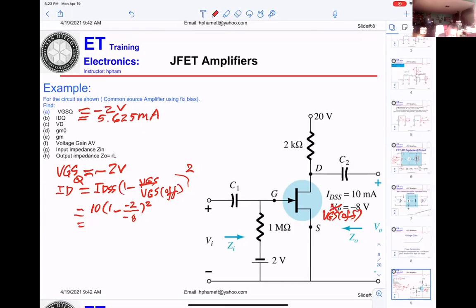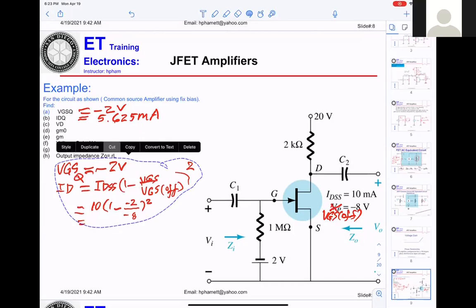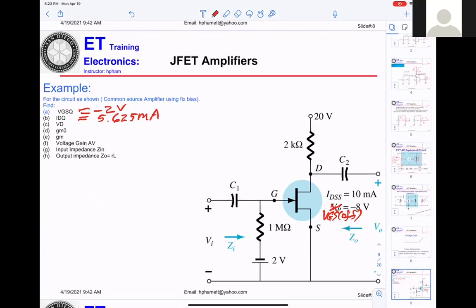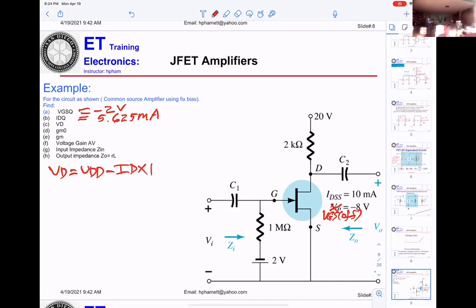And VD will be equal to VDD minus ID times RD.